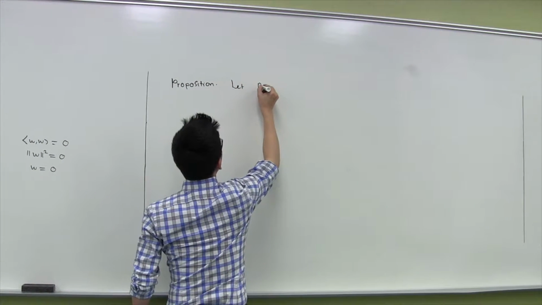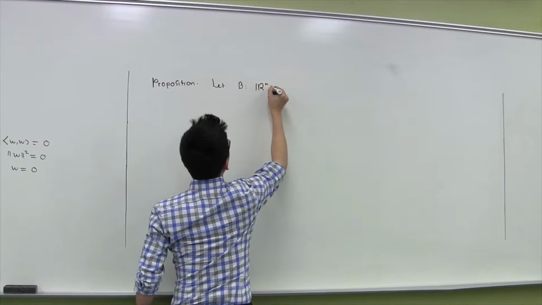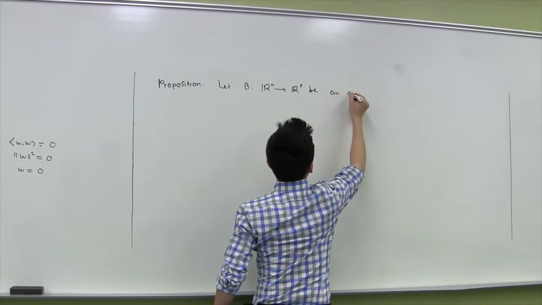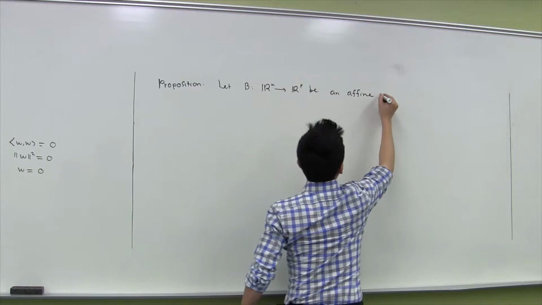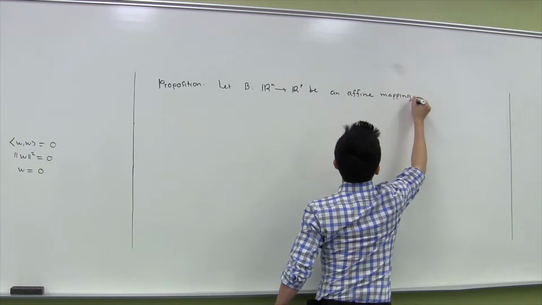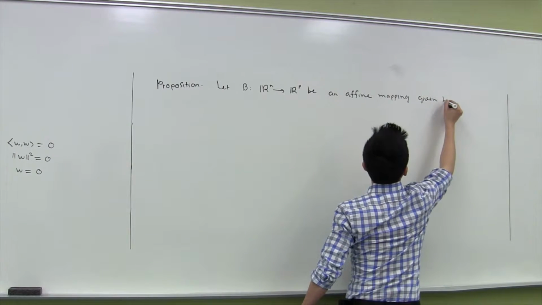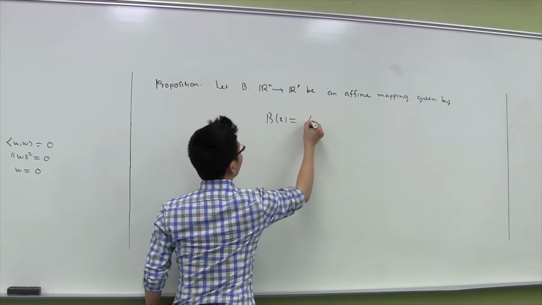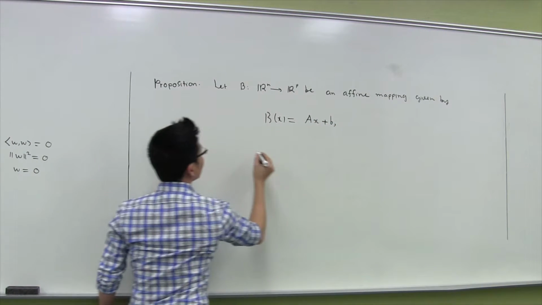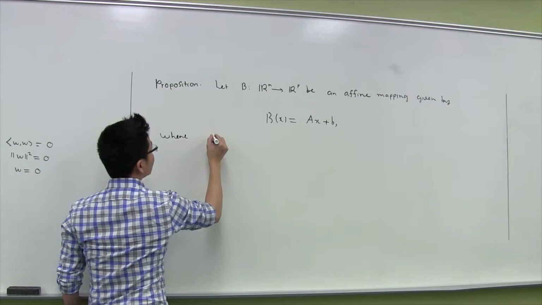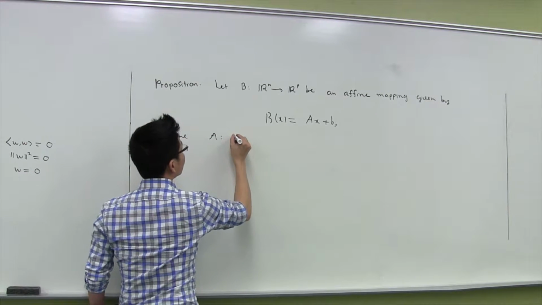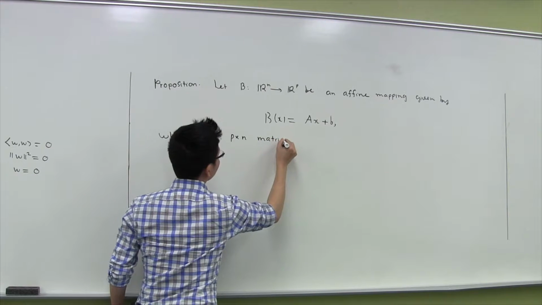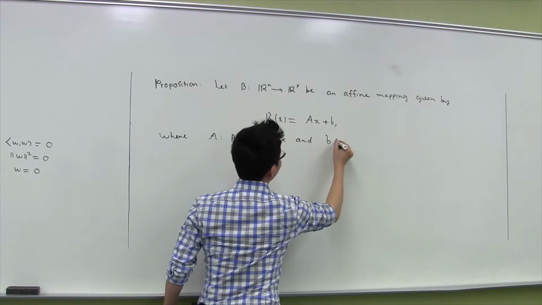Let B from Rn to Rp be an affine mapping given by B of x is equal to Ax plus b, where A is a p by n matrix and b is an element in Rp.